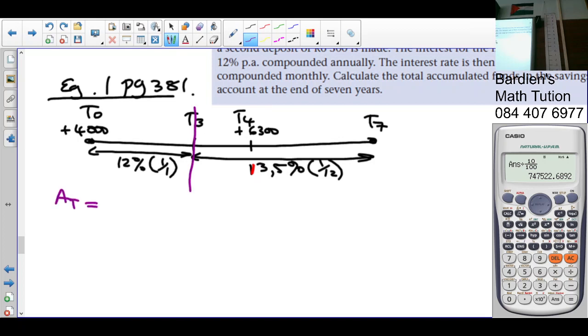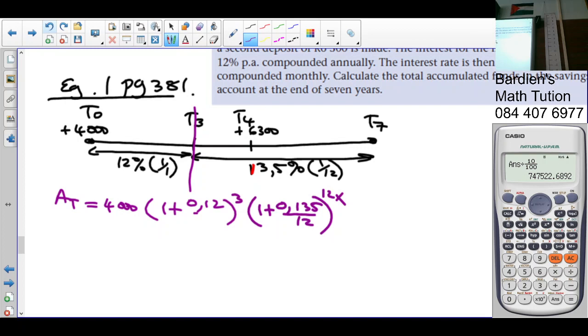So A total is going to be 4,000, and I'm going to consider the 4,000 there and then to the end. So it's 4,000 into 1 plus 0,12 over 1. You don't need to put over anything, to the exponent. How many years is that for? 3 years. And of course the interest rate changes to 1 plus 0,135 over 12 to the exponent 12 times. How many years from there to there? 4 years.